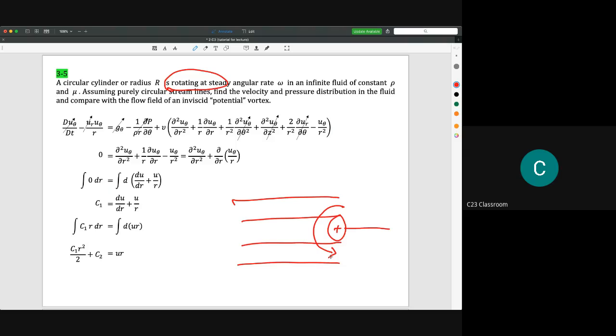If you read, you can understand that a circular cylinder of radius r is rotating at a steady angular rate. The word steady means the velocity is constant, so there are no changes in terms of time. The density is constant, the mu is constant.